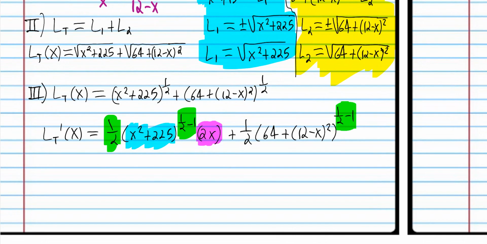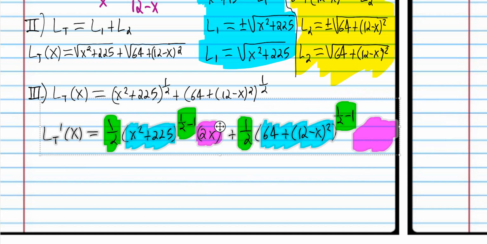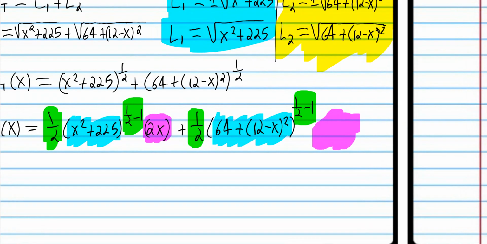So unfortunately that happens. We found the derivative of the outside function, and we kept the inside function, and then we're going to multiply by the derivative of the inside function. But if you look, the inside function has a function within a function. So you have to use the chain rule again. That's why it's called the chain rule. So 0 plus 2 times 12 minus x to the 2 minus 1 times negative 1.